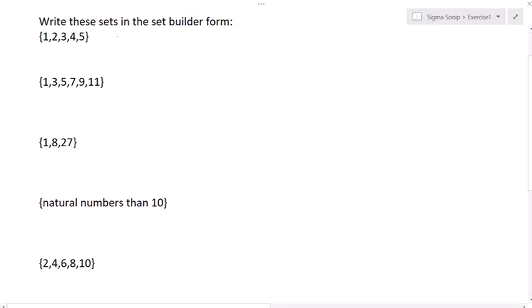Okay, I'll write them in set builder method. I'll say that it consists of x such that 1 is less than or equal to x, less than or equal to 5, and x is a natural number.